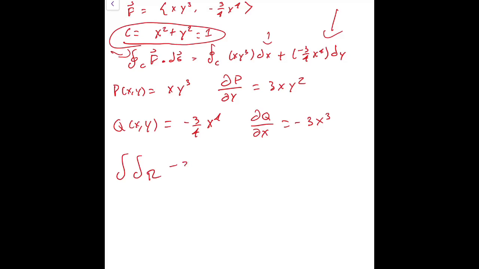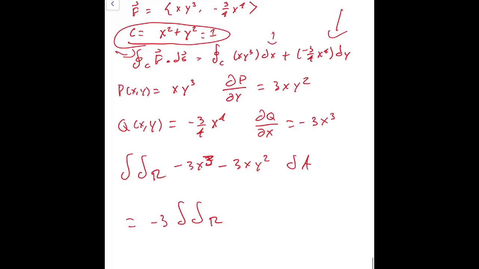So this is minus 3x cubed minus 3xy squared dA. We can factor out a minus 3, and notice I can factor out an x, and I get the integral over R of minus 3x times (x squared plus y squared) dA.